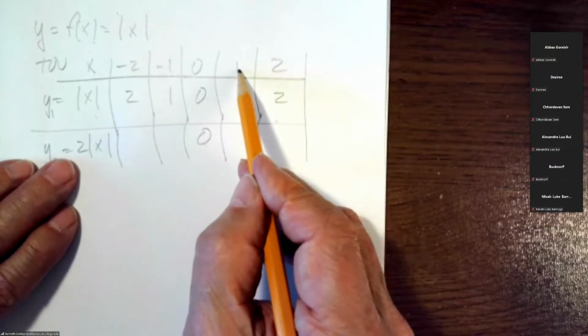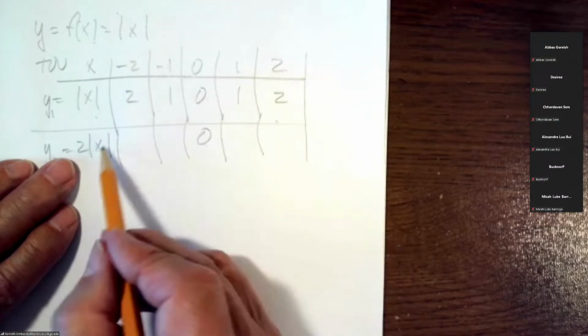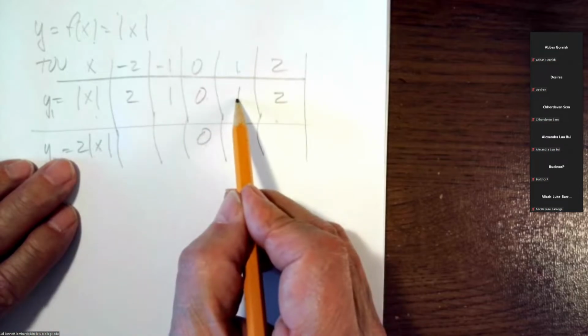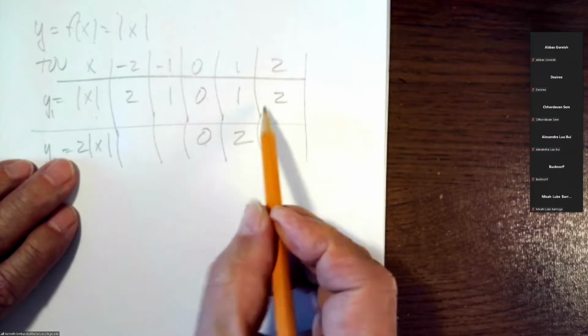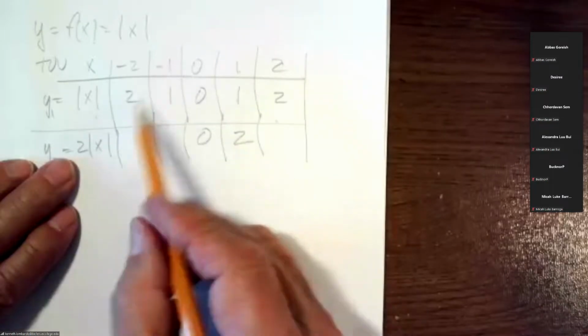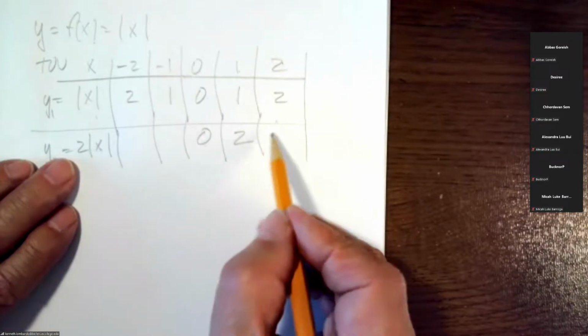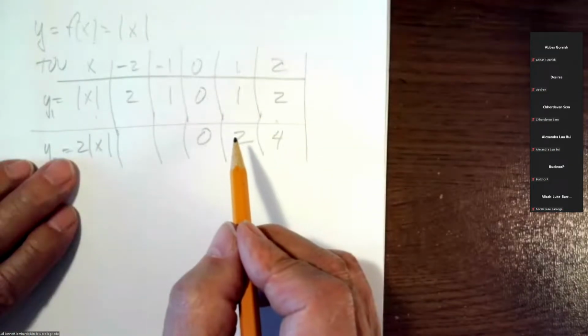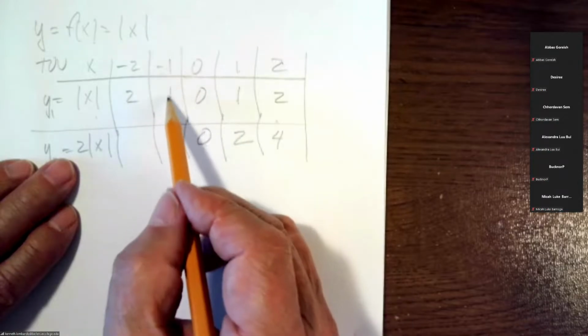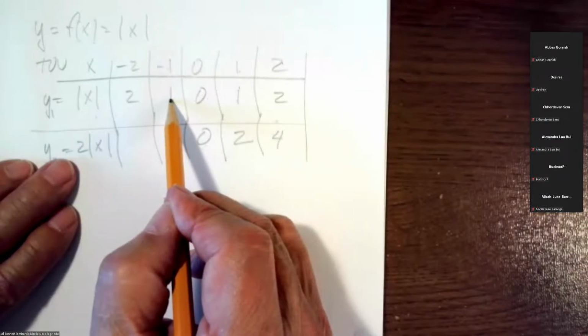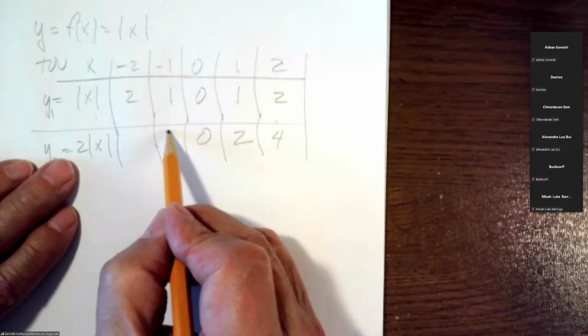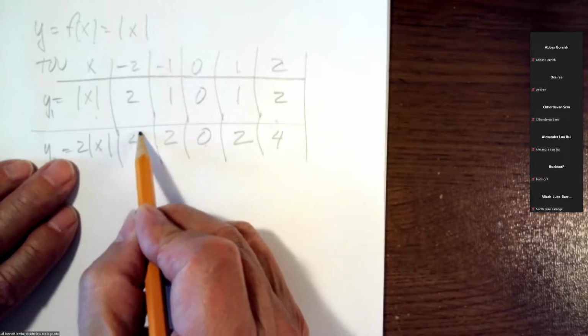If x is 1, this value becomes 1, times 2 is 2. If x is 2, absolute value of 2 times 2 is 4. Going back to -1, absolute value is 1, multiplied by 2, I get 2, and similarly here, I get 4, don't I?